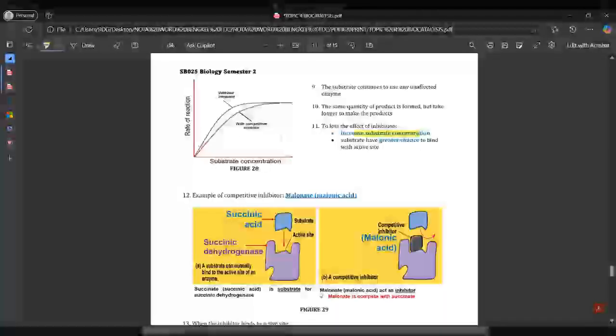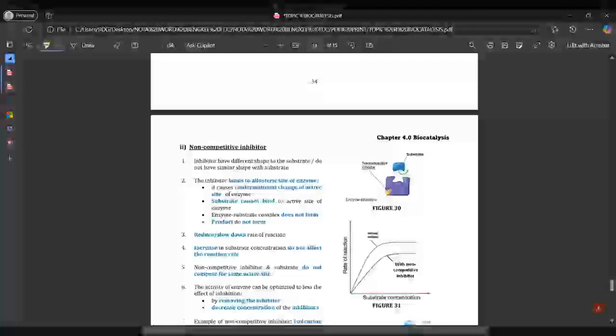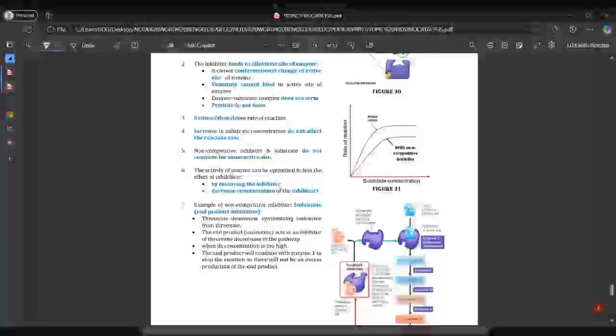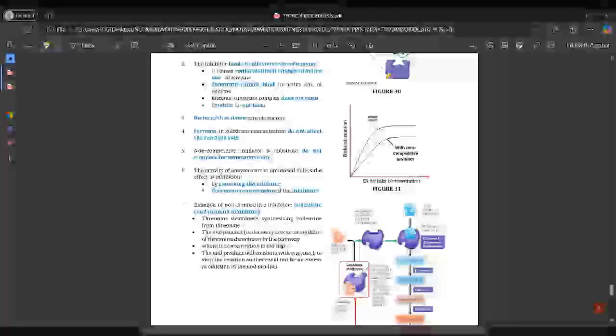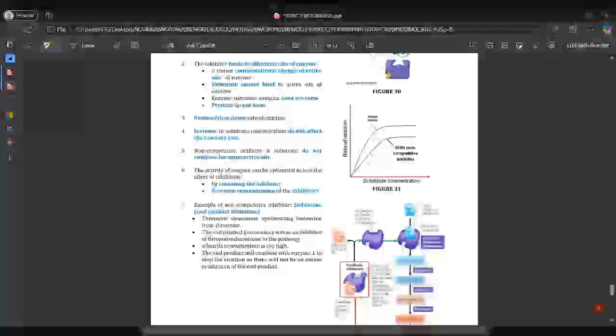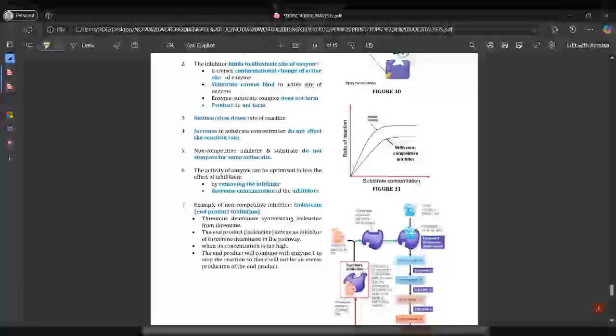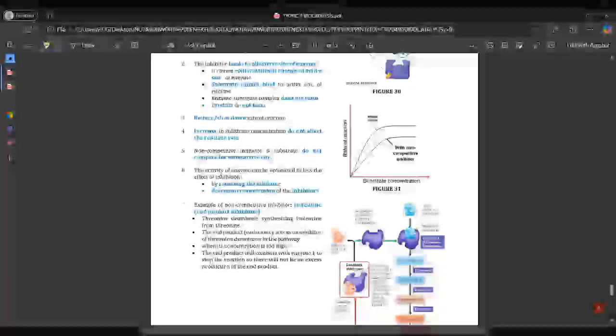If you have the non-competitive inhibitor, you're going to notice that the optimal level is decreased. You cannot reach the original optimal rate of the reaction, and the rate of reaction is definitely reduced. Why? Because increasing substrate concentration does not help to overcome the effect of the non-competitive inhibitor.